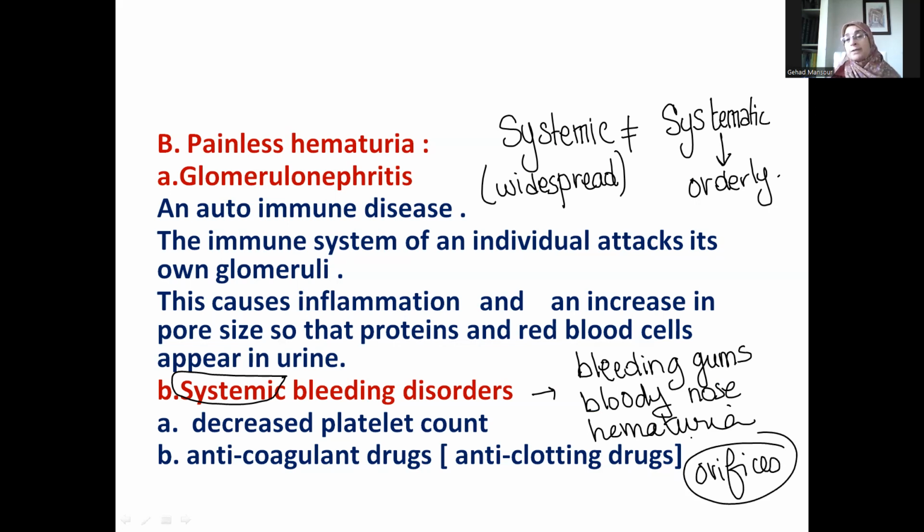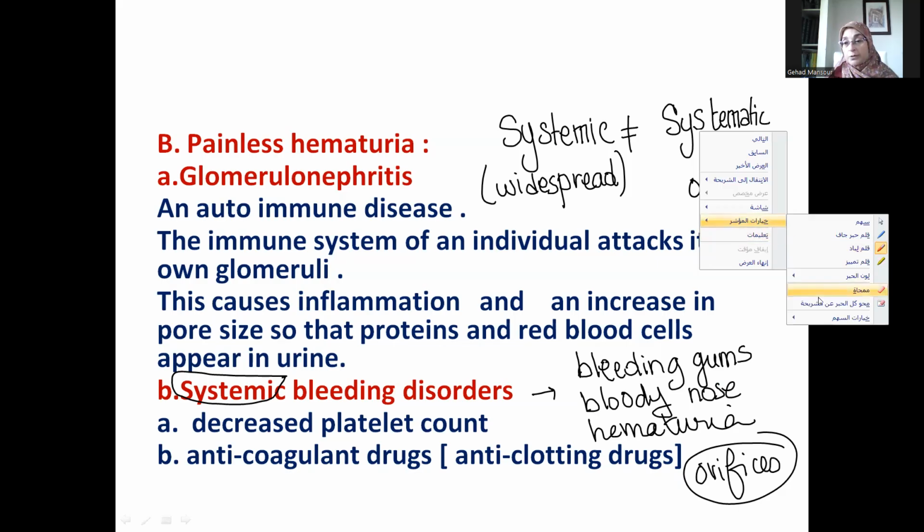Maybe in more severe cases, the patient has bleeding in the stomach, bleeding in the small intestines, bleeding from the rectal mucosa, bleeding from the anus. All this is an example of systemic bleeding disorders.